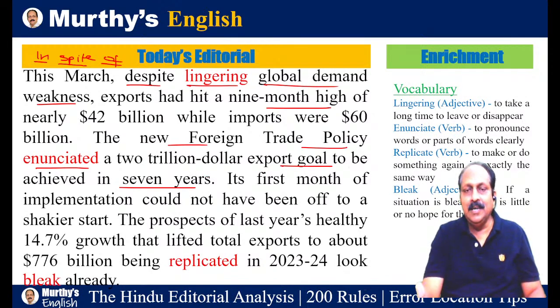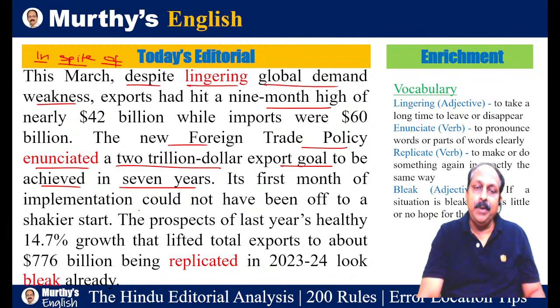So there's a target, there's a goal. What is that goal? A $2 trillion export goal, and for every goal we need a time period, a stipulated time period within which it is to be achieved. Here it says to be achieved in 7 years. That is a stipulated time period.